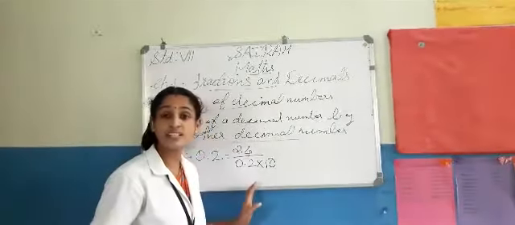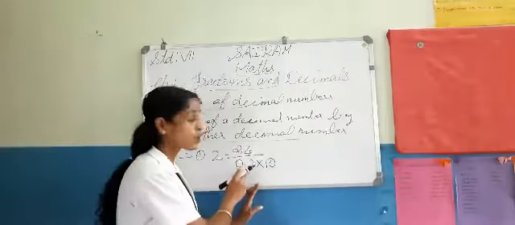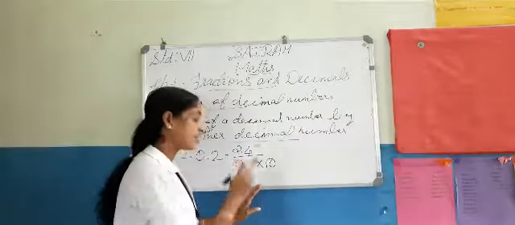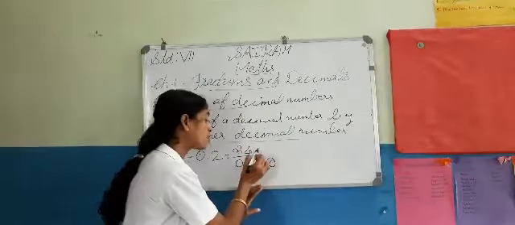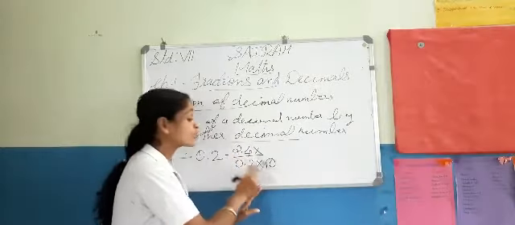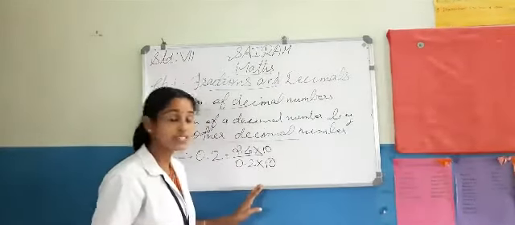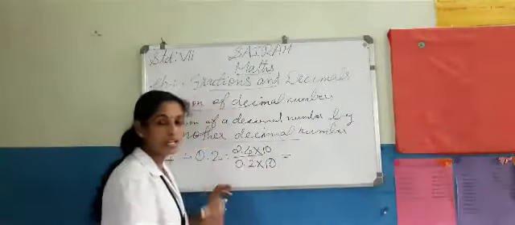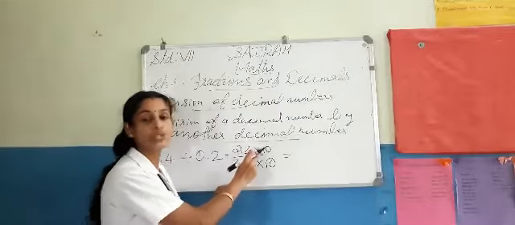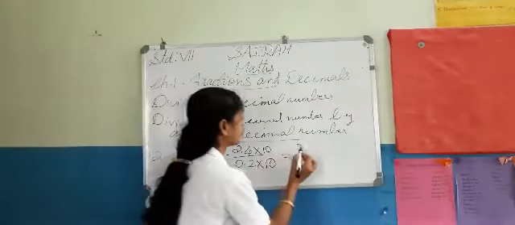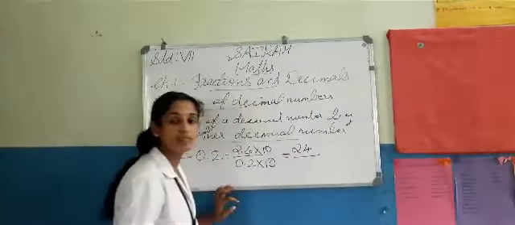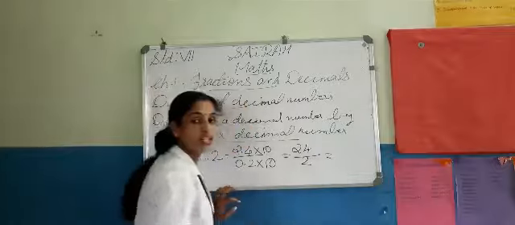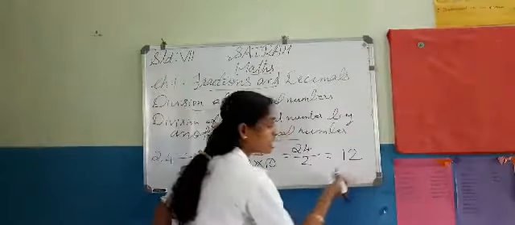That we already discussed in multiplication of a decimal number by 10, 100, 1000, etc. At the same time we multiply the numerator also by 10, otherwise its value will change. So 2.4 into 10, we get 24, divided by 2, that is equal to 12.